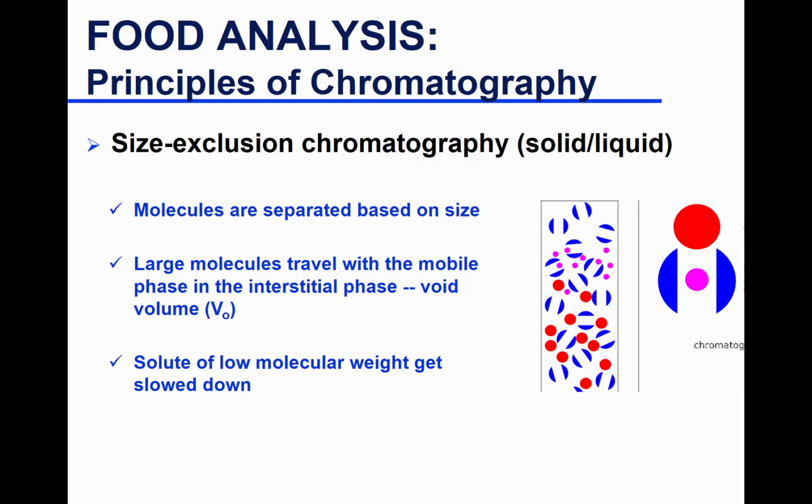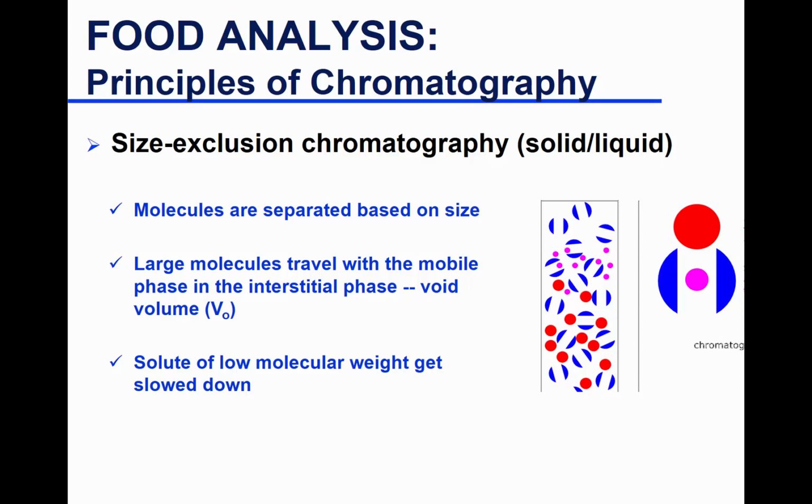When you inject your sample, it's going down, and then you have your mobile phase going down. Your mobile phase is going around, inside, everywhere. Your solute is traveling with the mobile phase, but it can be delayed because it can go through the pores if it's small. If it's large, it will not possibly go through. So the large molecules might not go through the pores, so they will travel faster with the mobile phase.